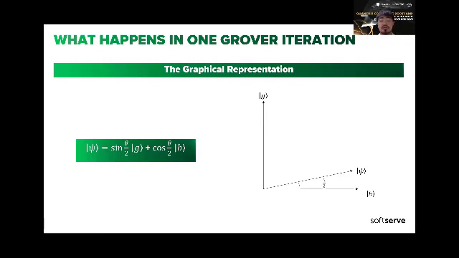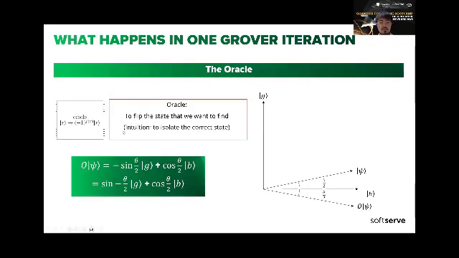What does the oracle do? Can anyone tell me what the oracle does again? Mark the good state. How does it mark the good state? Yes, it flips the phase. So the first thing we do when we apply the oracle is to flip the state.